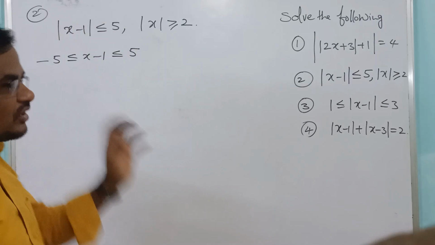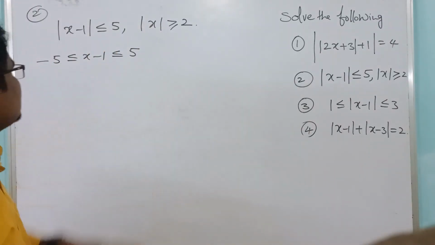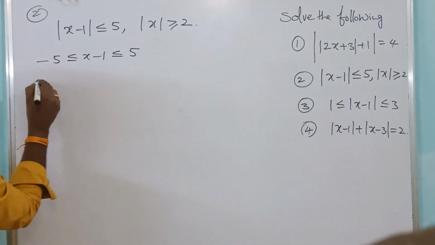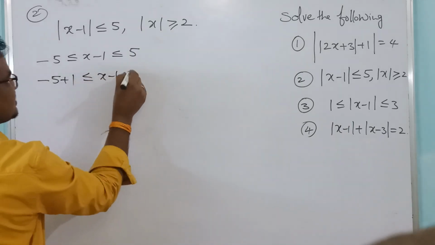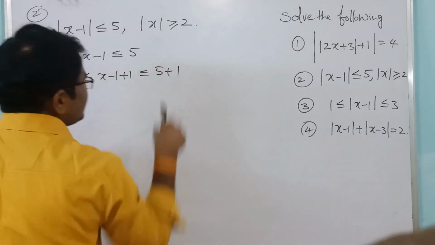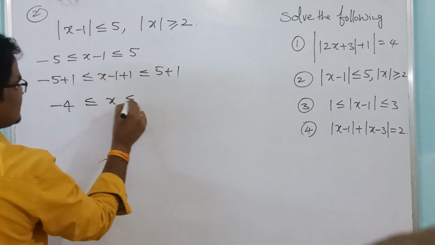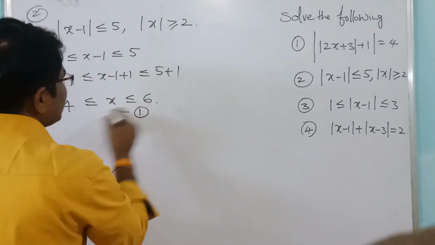We know that whenever modulus of x less than or equal to a, that can be written as minus a less than or equal to x less than or equal to a. Now you have to eliminate this minus 1. For that, what we have to do? Add plus 1: minus 5 plus 1 less than or equal to x minus 1 plus 1 less than or equal to 5 plus 1. So that is minus 4 less than or equal to x less than or equal to 6. Right. This is equation number 1.